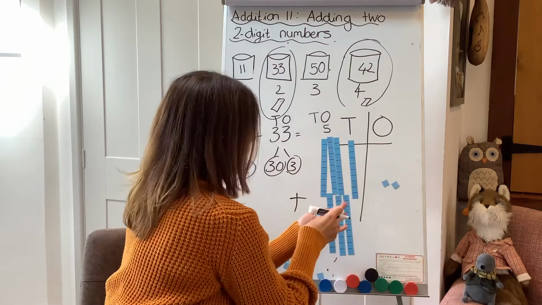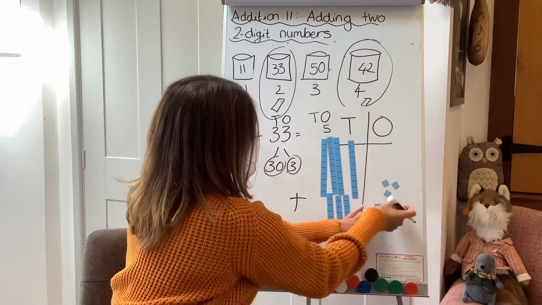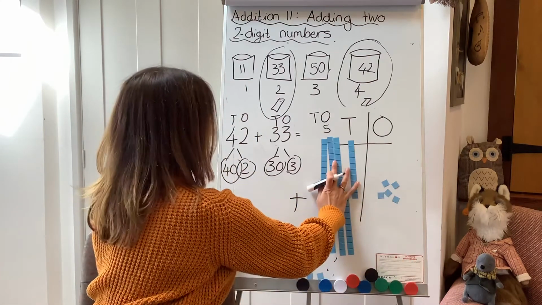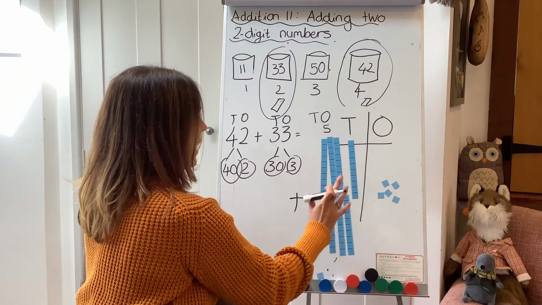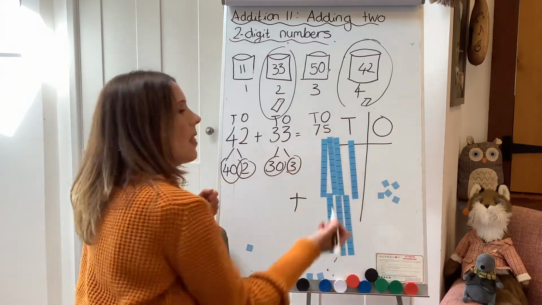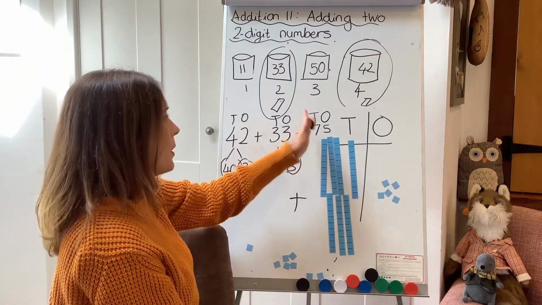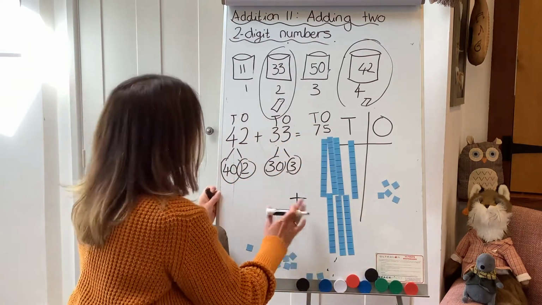Then you can add your 10s together. You've got 4 10s and 3 10s that makes 7 10s all together. So that's 70 and it's 7 10s there. Again, making sure we're not writing 70, we're just writing 7 10s. Okay.